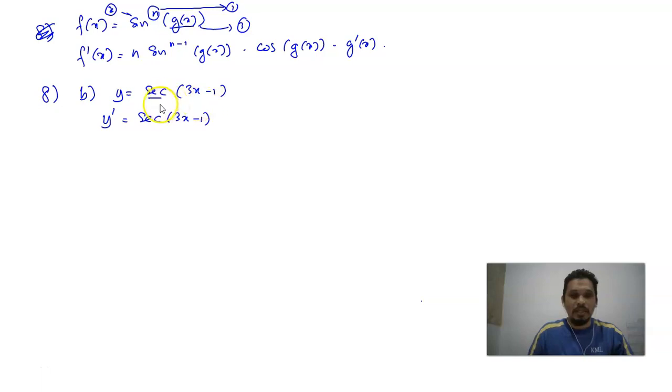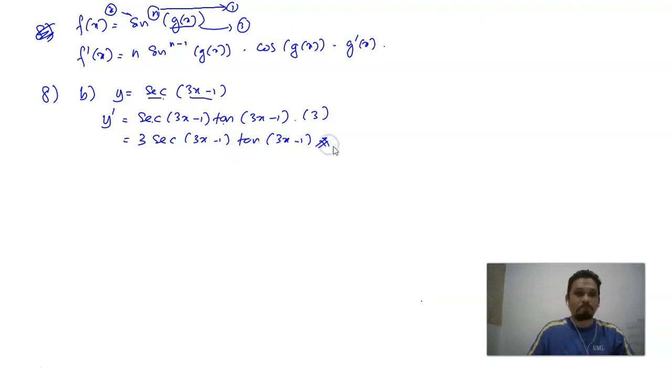Derive the secant, then you get secant and tangent, 3x minus 1. Multiply with the derivative of the function inside, 3x, which gives you 3. So we get 3 secant(3x minus 1) tangent(3x minus 1). That is question B.